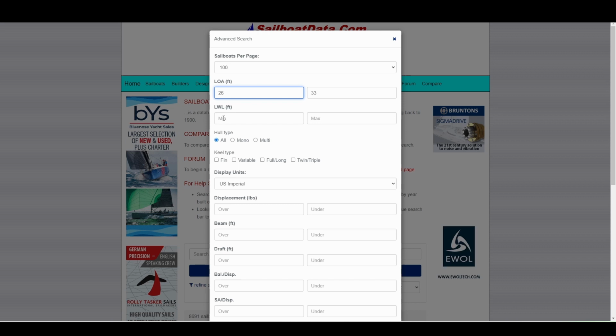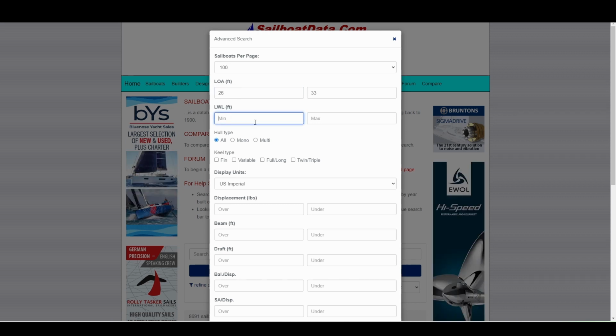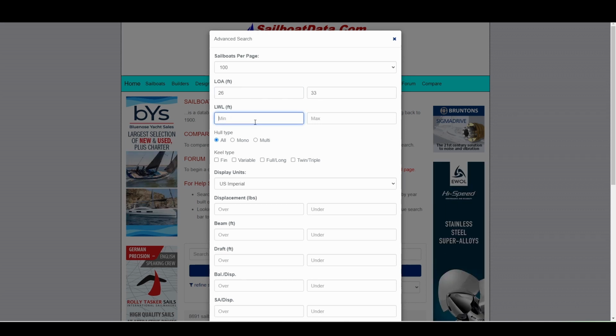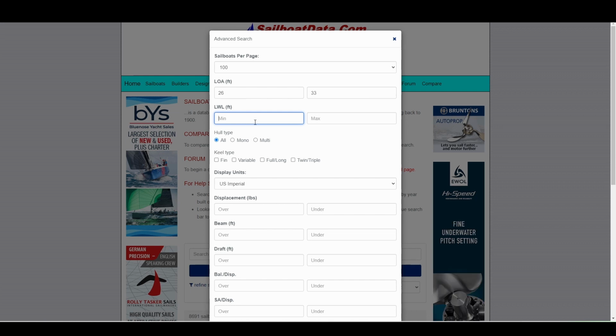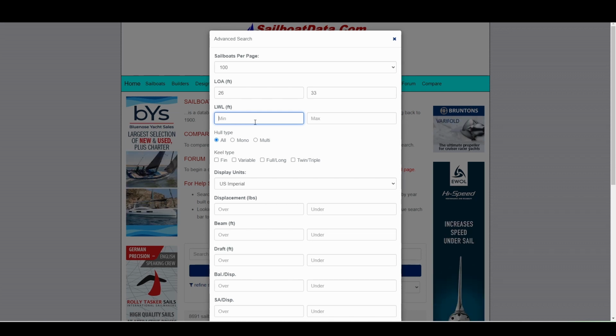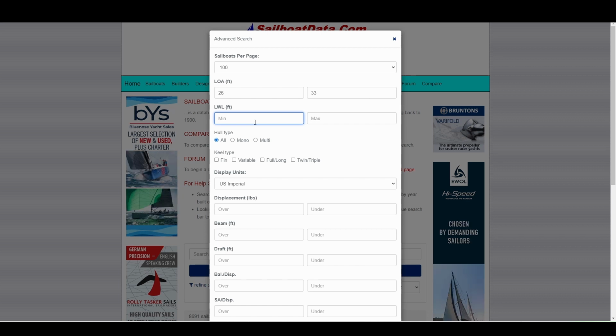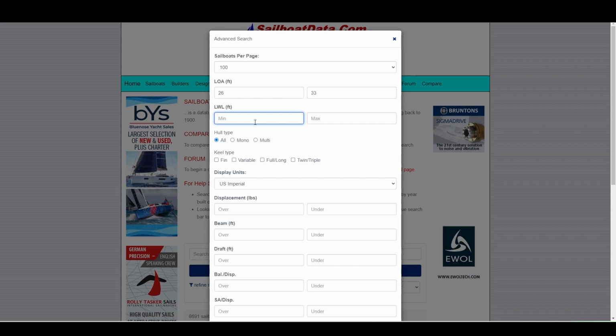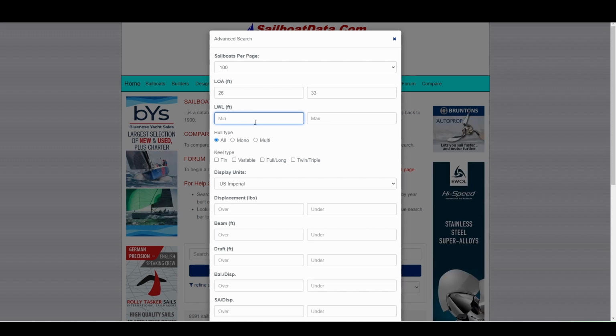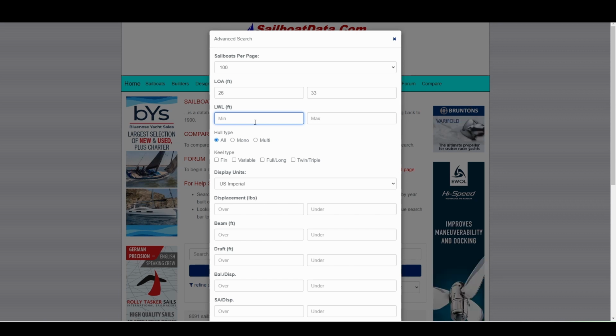So where the waterline length comes in, there's a difference between how long a boat is and how much waterline it has, for two major reasons. Traditional boats are shaped more for sailing comfortably, more conservative, and they have a reasonably longer length overall relative to the length of the waterline.